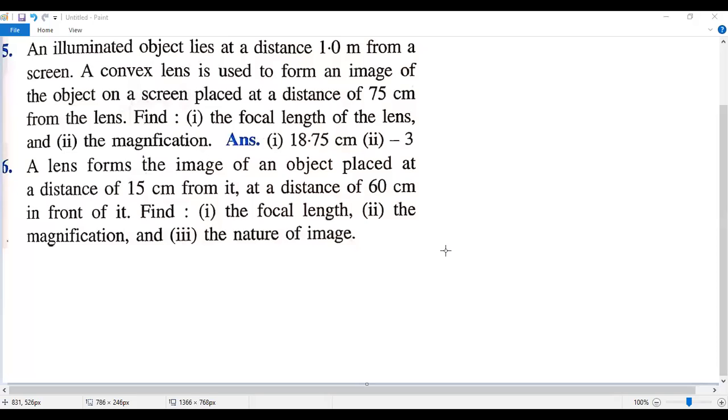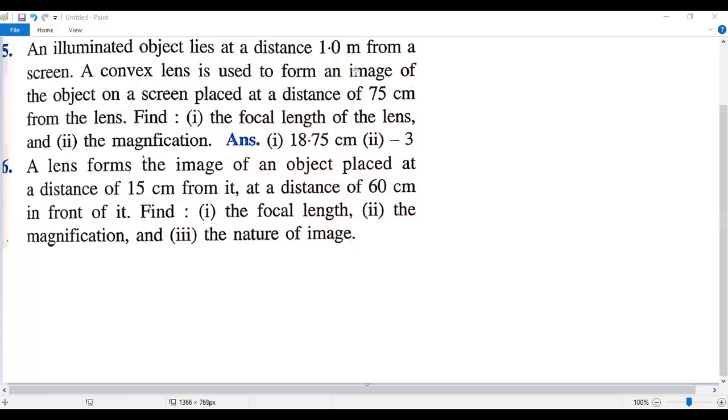Now students, we are doing question number 5, since question number 4 will be solved easily for you. It is a very important question. So how will we do it? An illuminated object lies at a distance of 1 meter from a screen.